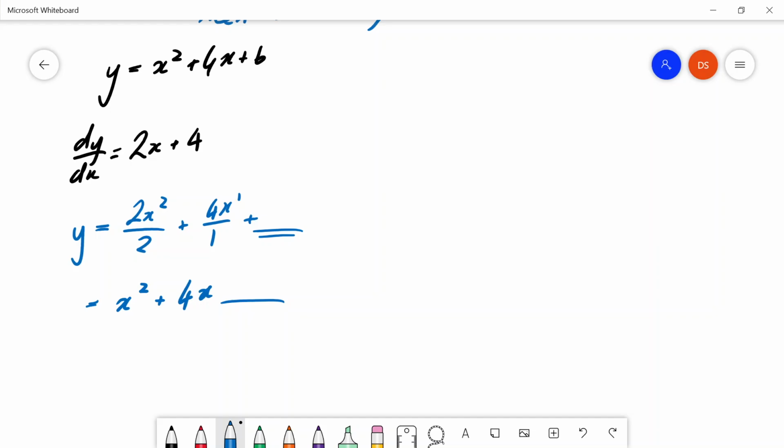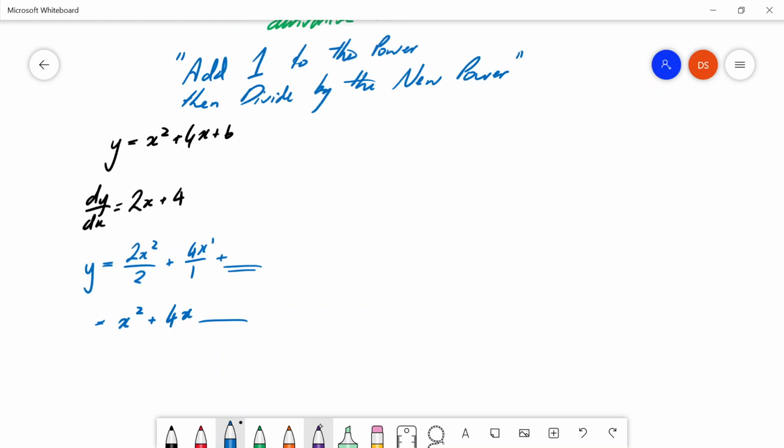So on our integration, we always add this extra bit, which is plus c, a constant. If you forget to add this constant, you might not be able to continue and work out the equation the same way. So we add c, and that's really important in integration.